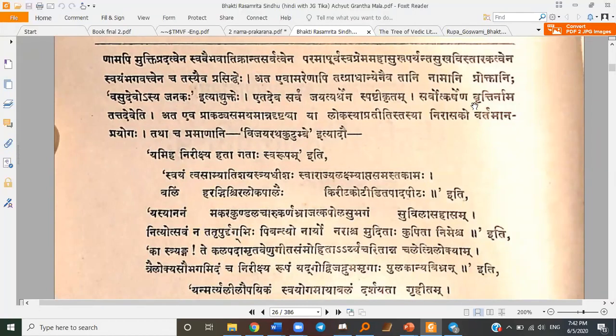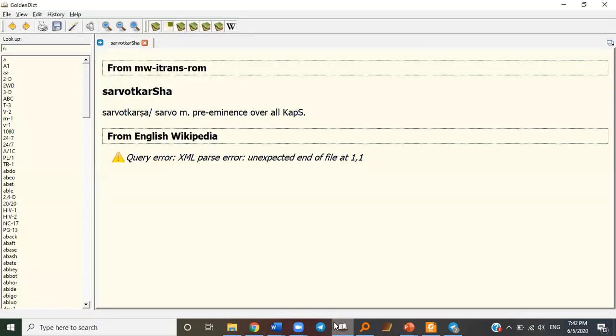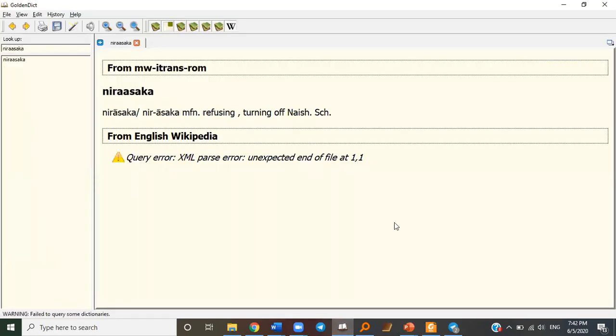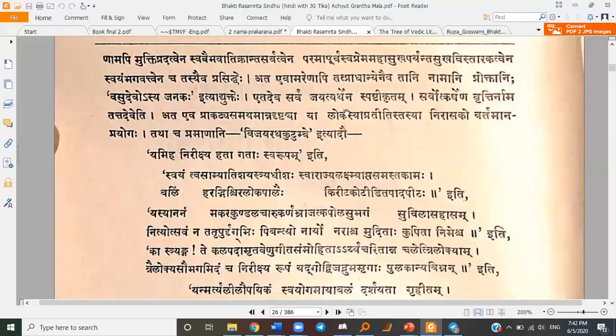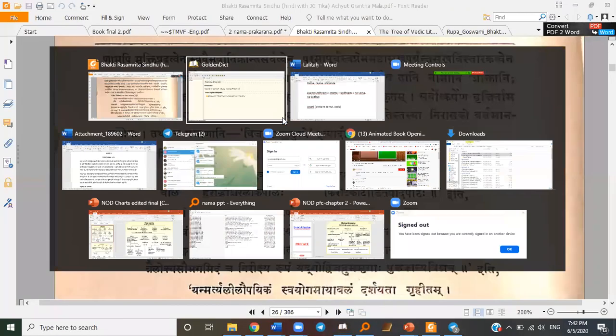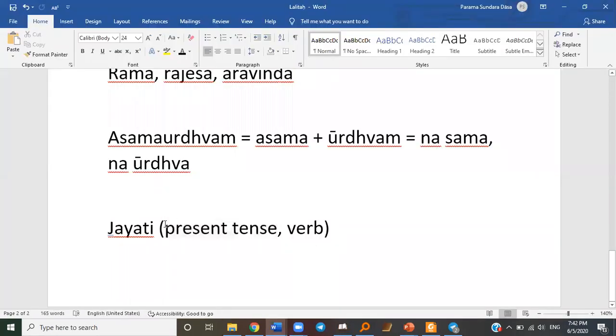But by using this Vartaman Prayoga, this present tense, Srila Rupa Goswami is defeating Nirasakaha. Nirasakaha means he's refusing, he's defeating that concept. Because Vartamana Prayoga is like Jayati, that Sri Krishna can still be perceived, he's still the Supreme Personality of Godhead.